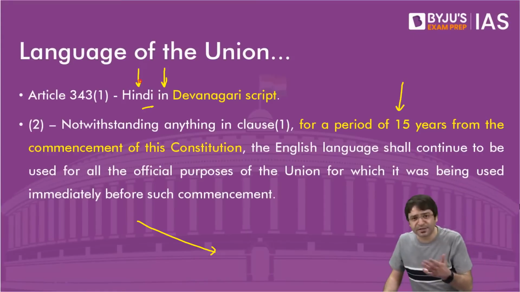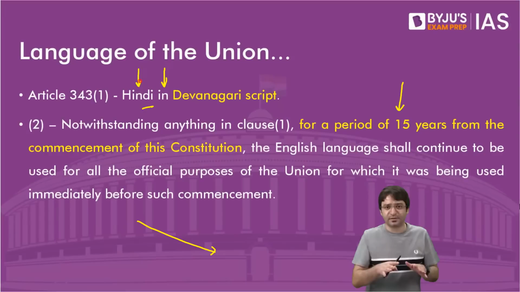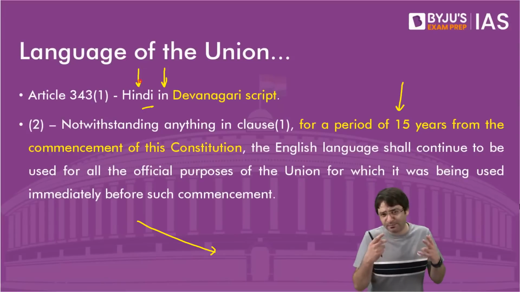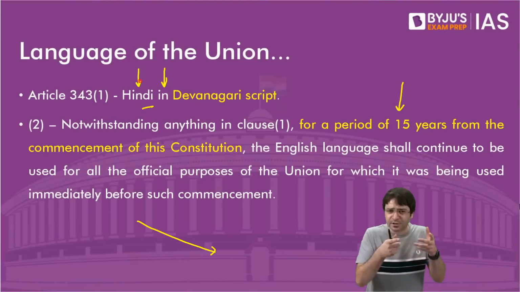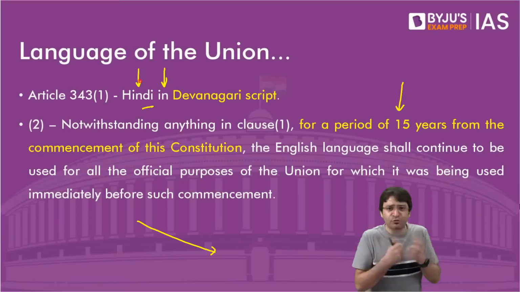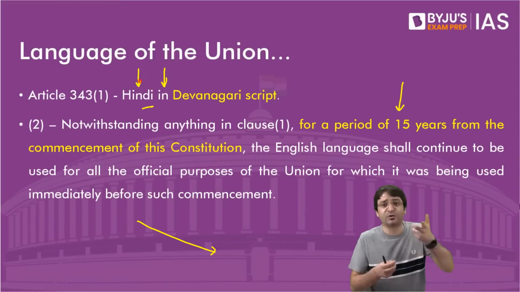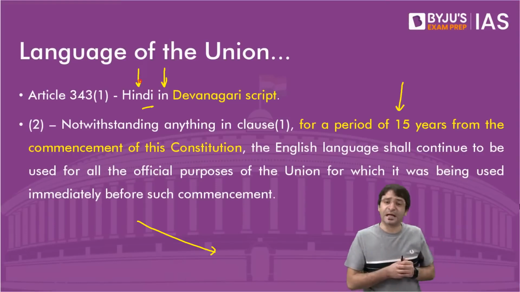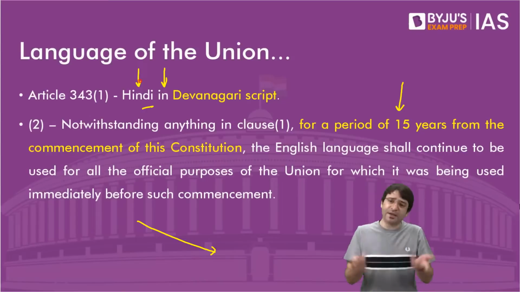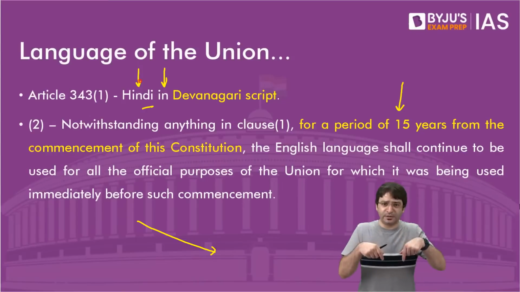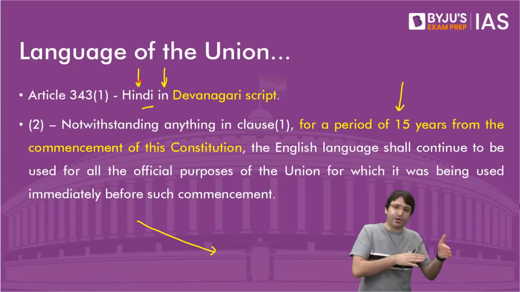What has the constitution allowed? Maybe the constituent assembly could anticipate something on this matter. Maybe they could anticipate that language is an emotional issue. Maybe they could anticipate that Hindi may not be acceptable to the people living south of India. That is why the constitution said Hindi will be the official language of the union, but for 15 years English will continue.